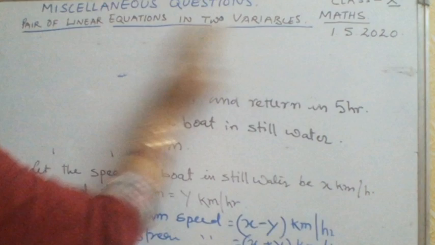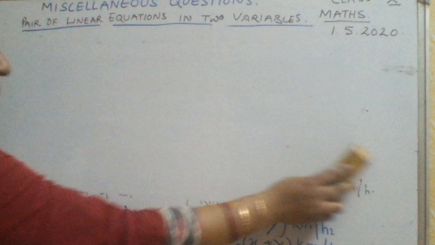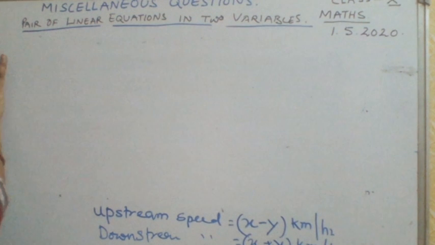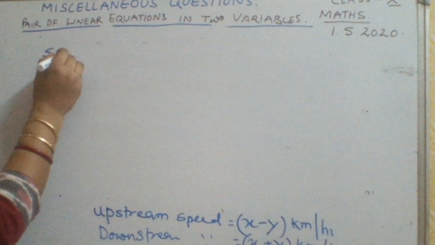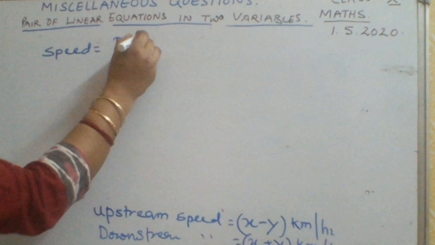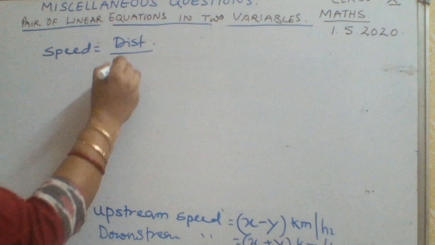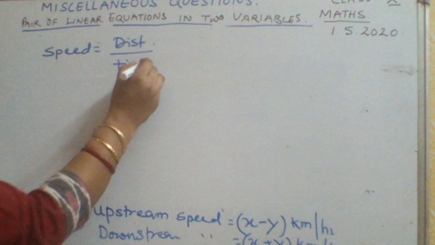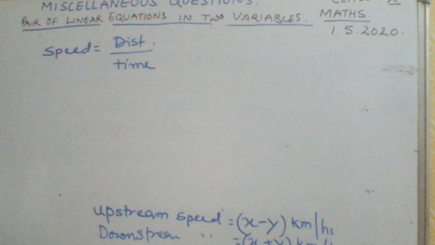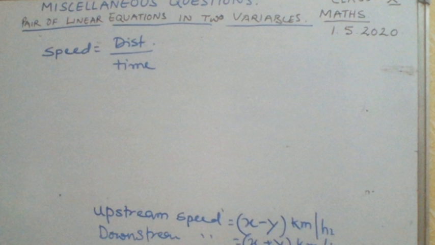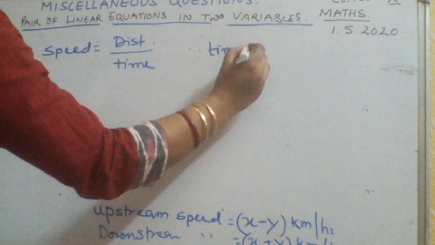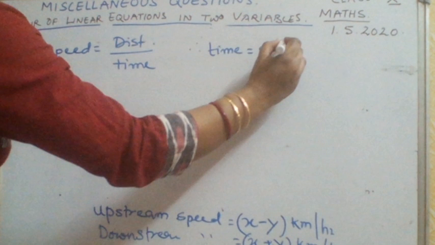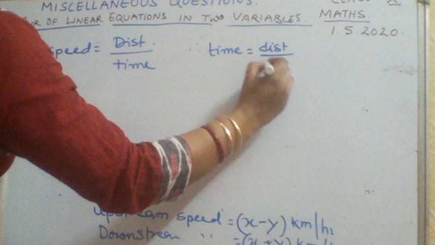Now what we do, first of all I have asked you to write down this formula. Speed is equal to distance upon time. Therefore time is equal to distance upon speed.